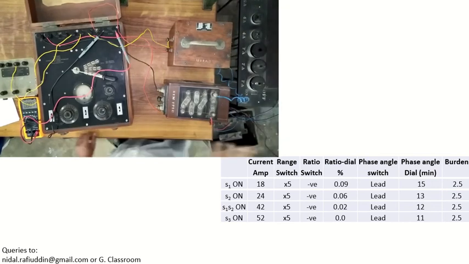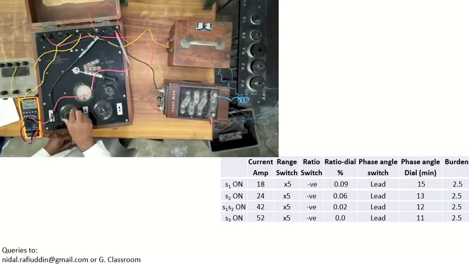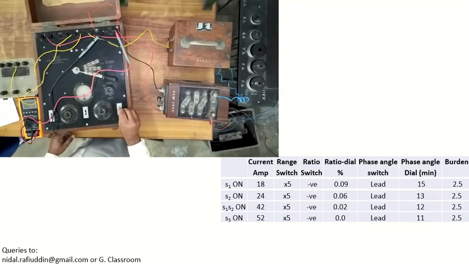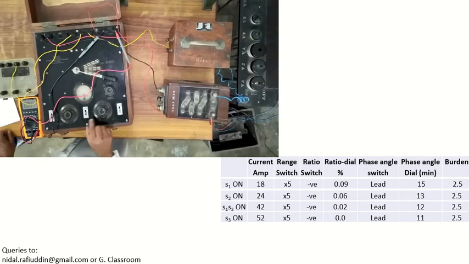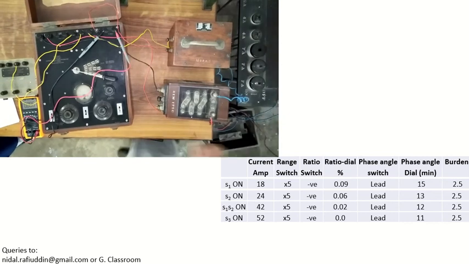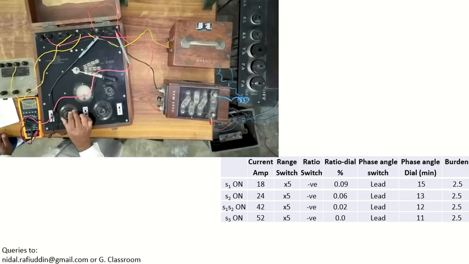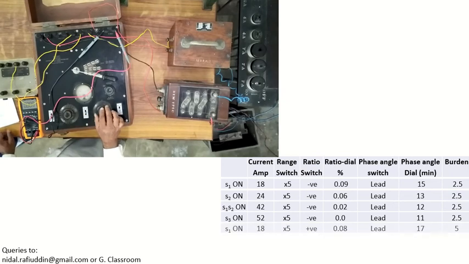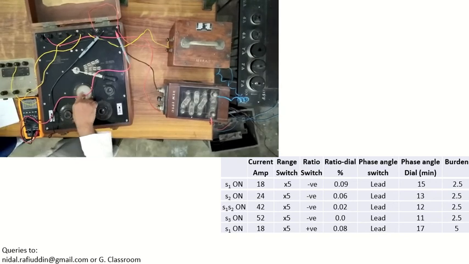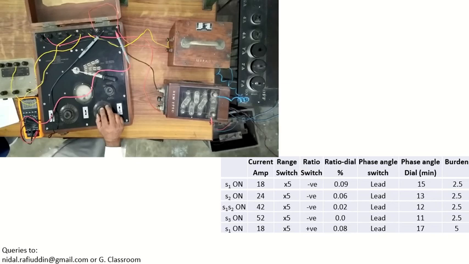Now we'll switch to the burden of 5 VA. The first set of readings corresponding to 5 VA where S1 is turned on and the corresponding reading is noted.